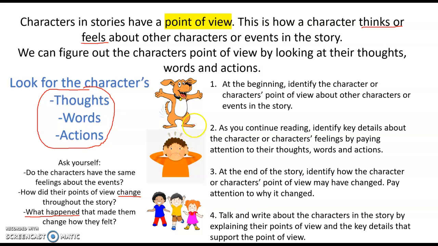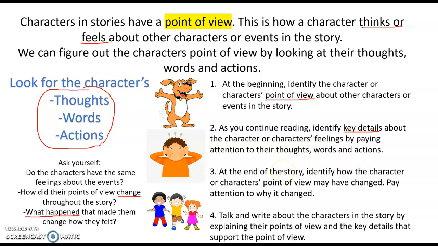So at the beginning of the story, we're going to identify the character or character's point of view about other characters or events. So first, we identify the point of view. As we keep reading, we identify the key details about the character's point of view. And that's by paying attention, again, to their thoughts, their words, and their actions.